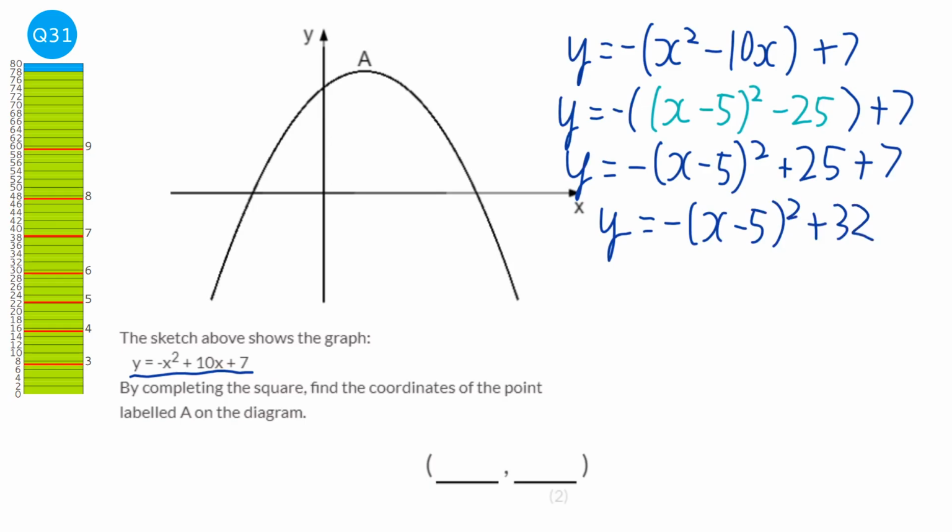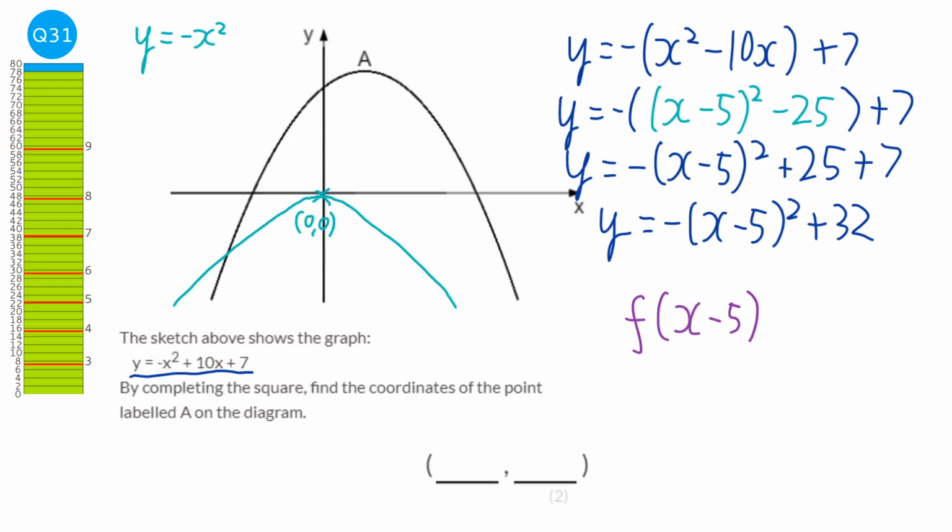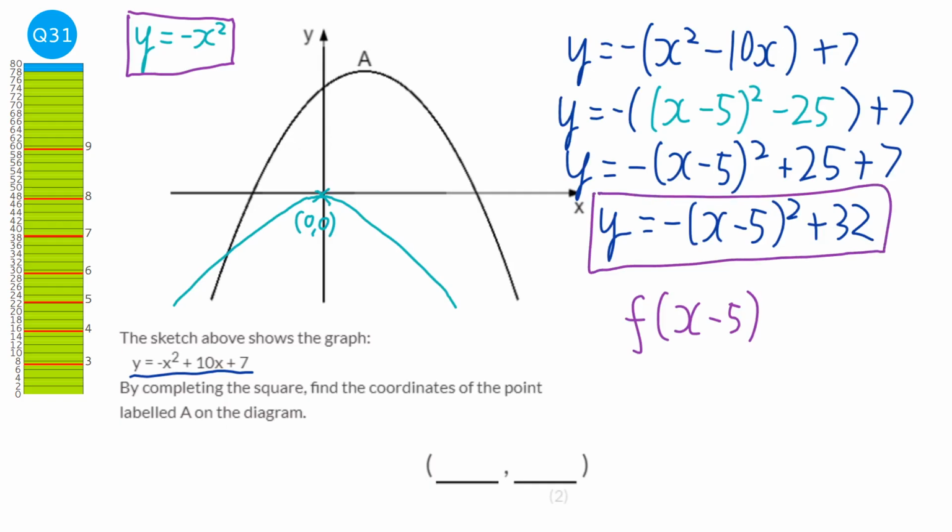Now if I'm to draw the graph of y equals minus x squared, it's just a graph that looks like this. But more importantly, the maximum point on this graph is at 0, 0. And if we remember our graph transformations, if we have a minus 5 on the inside of our function, and so comparing this function, say this is f of x, part of this equation here involves a minus 5 inside the function.